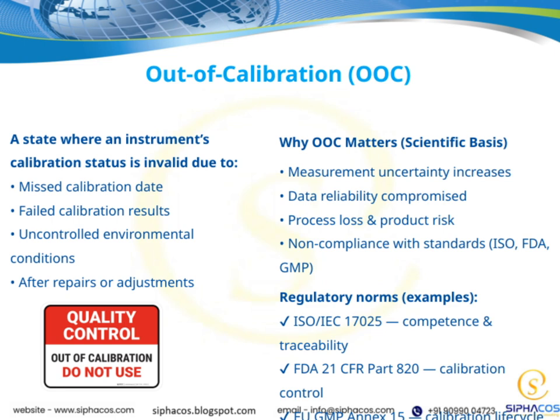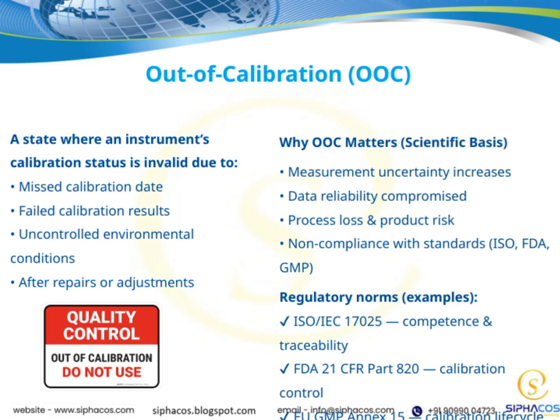Now, what exactly is out of calibration? It's essentially a state where an instrument's calibration status is no longer valid. This can happen for a few reasons. Perhaps we missed the scheduled calibration date, or the calibration results failed, indicating the instrument isn't functioning properly. Uncontrolled environmental conditions, like temperature or humidity, can also impact calibration.